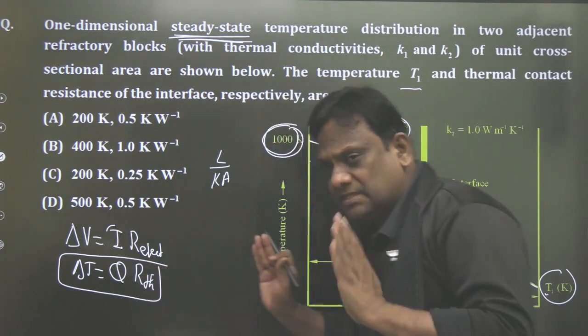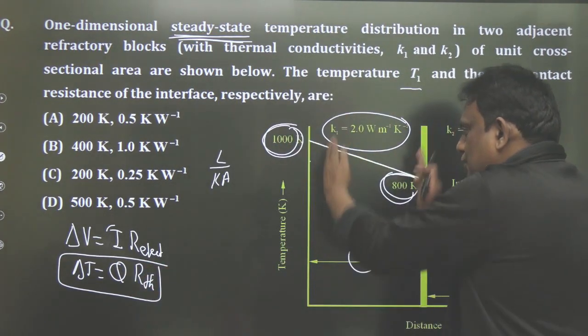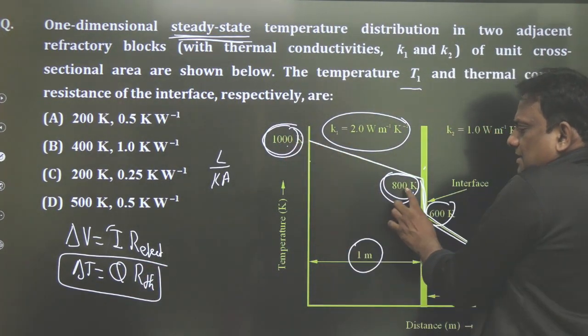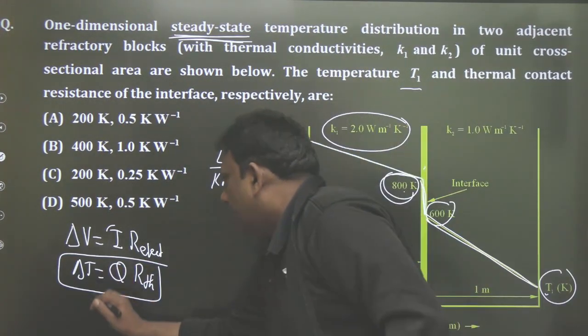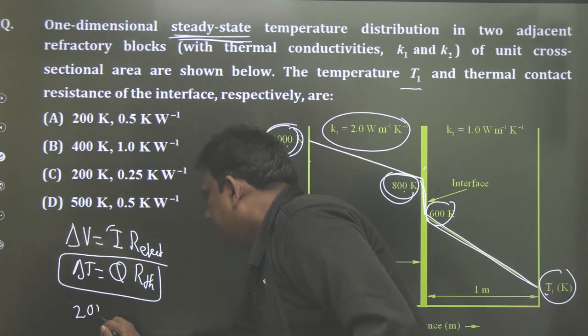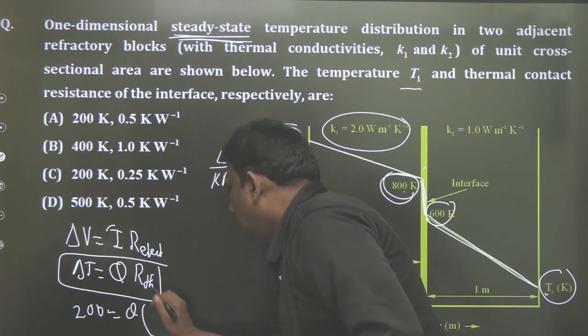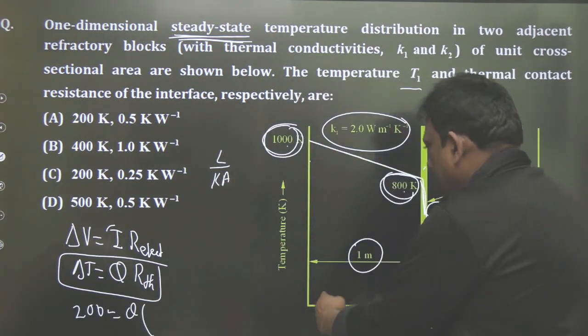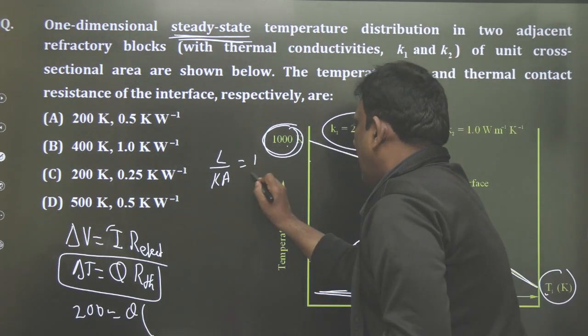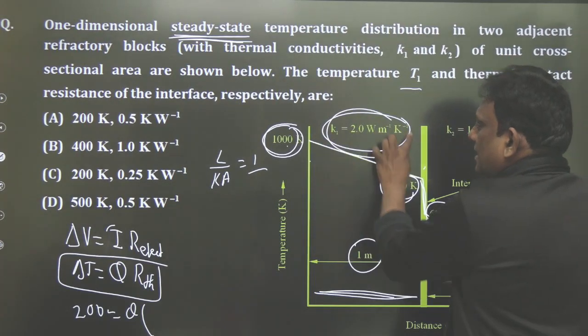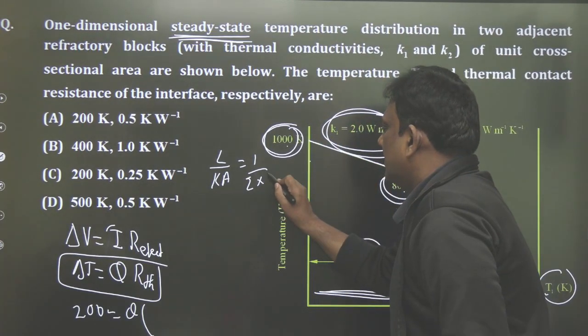So delta T. Please listen carefully. First, I'll apply between these two. This is 1000 and this is 800. 1000 minus 800, which is 200, is equal to Q into thermal resistance L by Ka. What is L? This is the thickness, L is 1. The thermal conductivity is 2, and if area is not given, I'll take it as 1.